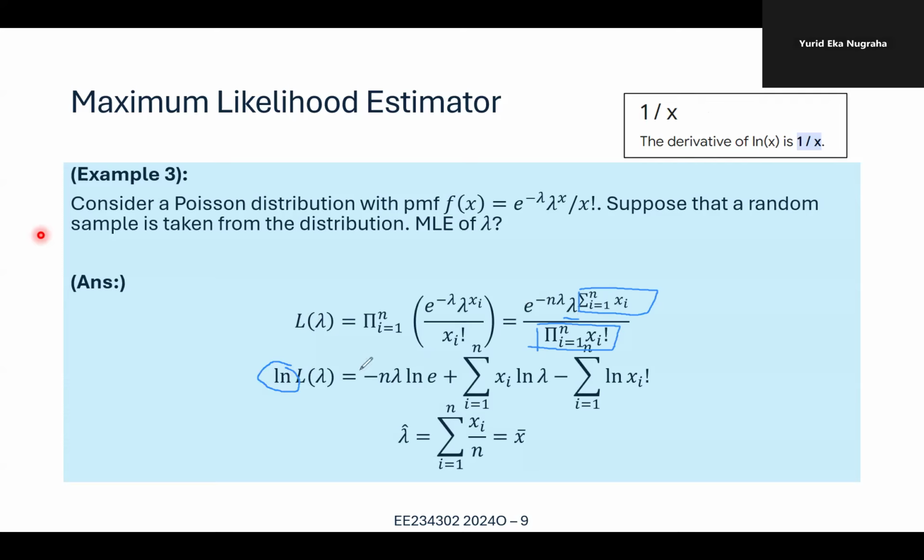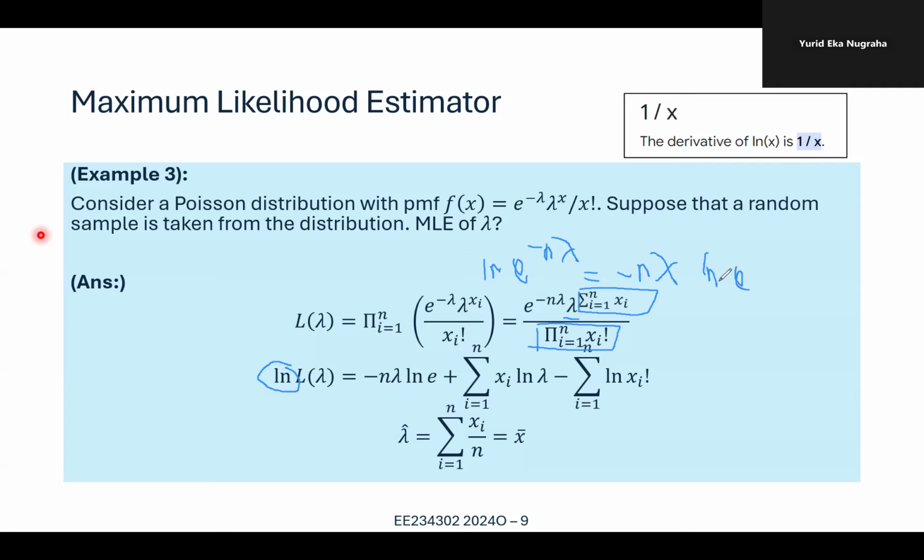if you take the log of something that's a multiplication, it becomes a summation, right? If it's a division, it becomes a subtraction. So this would be ln of e to the minus n lambda, which is the same as minus n lambda ln e, right?